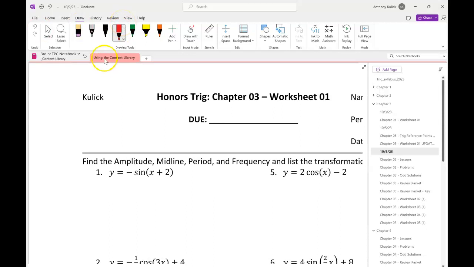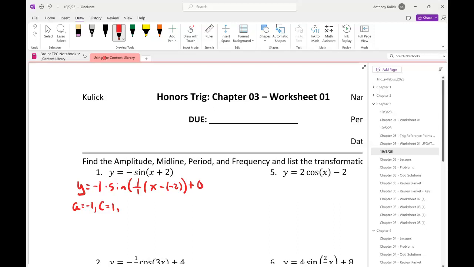So again, like everything else, I'm going to start by trying to write this in that standard transformation form, so it's really easy for me to identify the A, C, H, and K. If I look at that, the negative out front is really like a -1 for A. There's no coefficient on my X, so I know that the C is just 1.